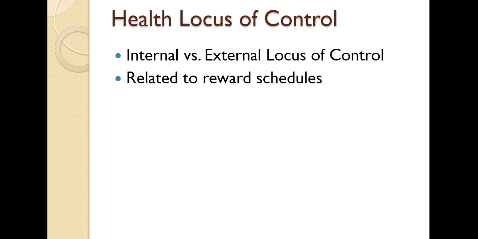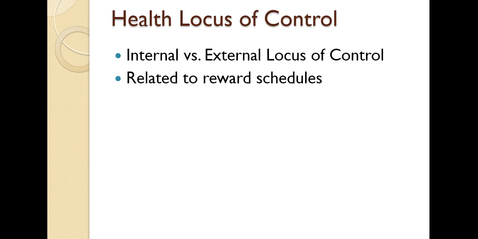Locus of control is based on a couple different themes, and one is internal versus external locus of control. And that is you want people to have an internal locus of control, realizing that they control their behaviors. But oftentimes when you're starting, there needs to be an external locus of control because they have not internalized the rewards and beliefs that the behavior is healthy.